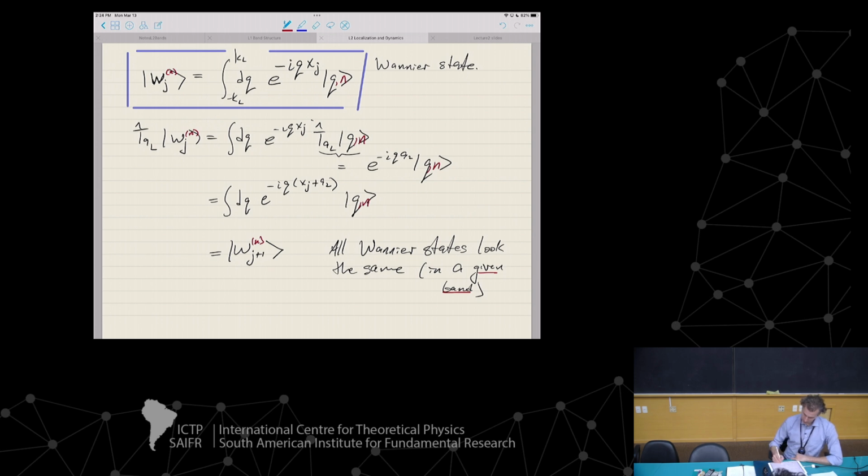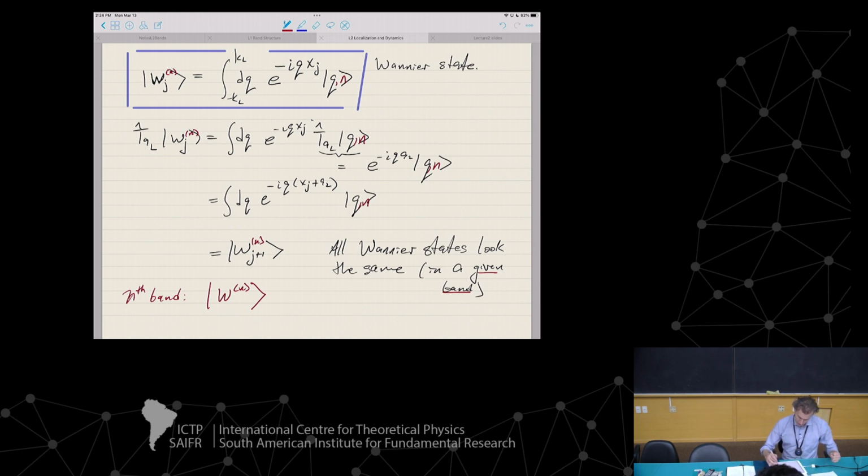But each band has its own Wannier function. And so for the nth band, you can sometimes just drop this index and write the Wannier function for the nth band, because it's the same at every index. Okay.